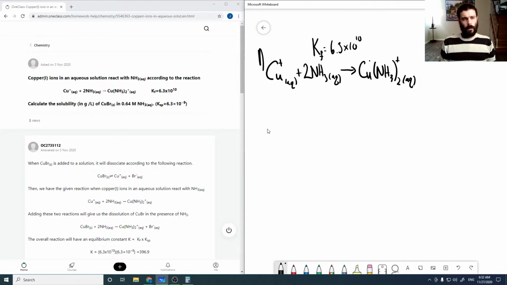And then it wants us to calculate the solubility in grams per liter of copper bromide. So our copper bromide is going to dissolve and give us copper plus bromine ion.